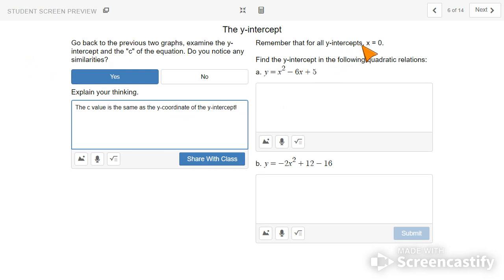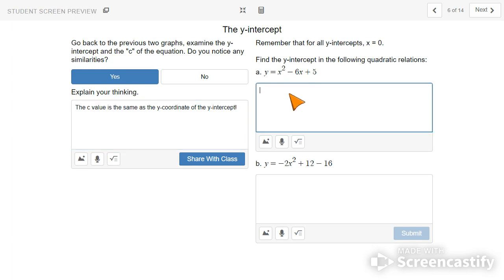It's because we know that for all y-intercepts, we have x is equal to 0. So let's substitute x is equal to 0 in these equations. y is equal to 0 squared minus 6 times 0 plus 5. y is equal to 0 minus 0 plus 5, and y is equal to 5.